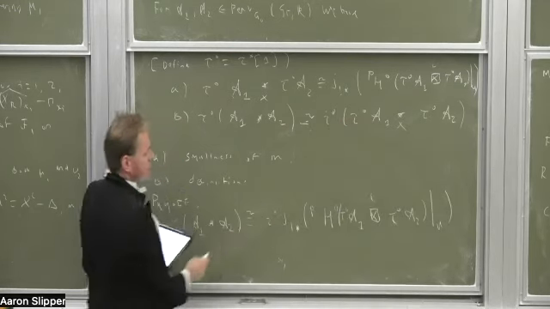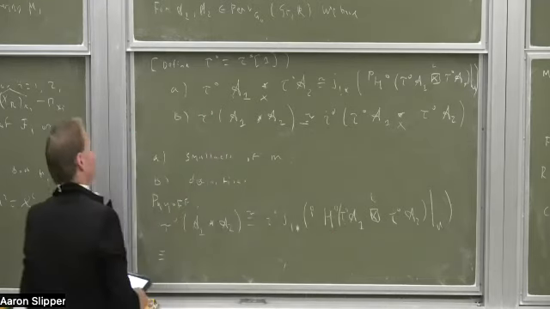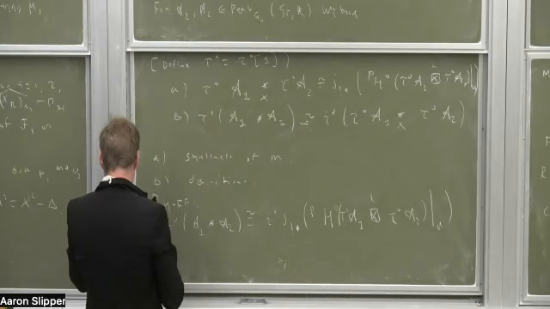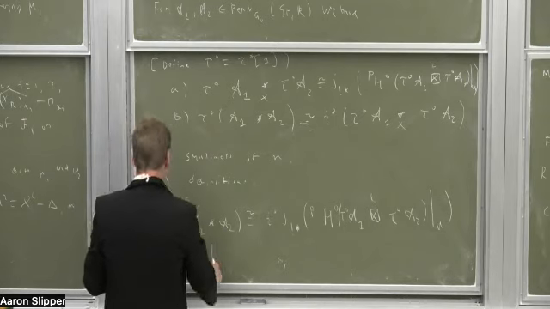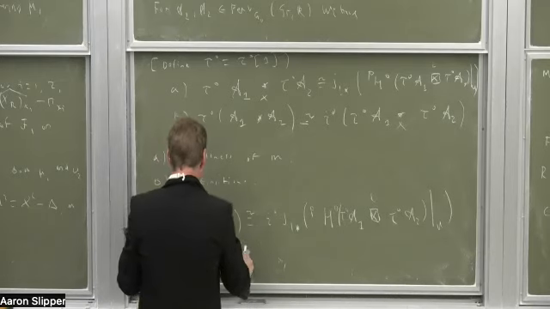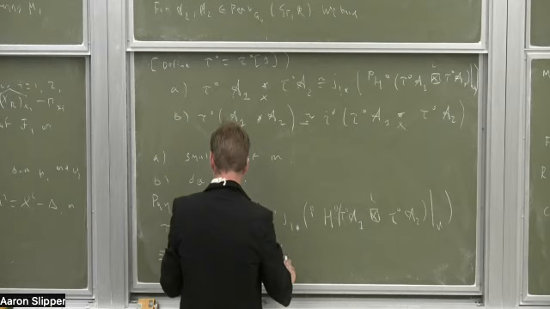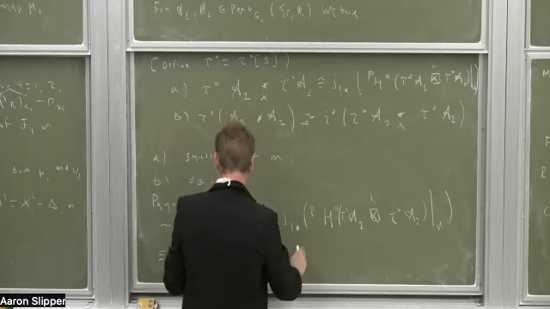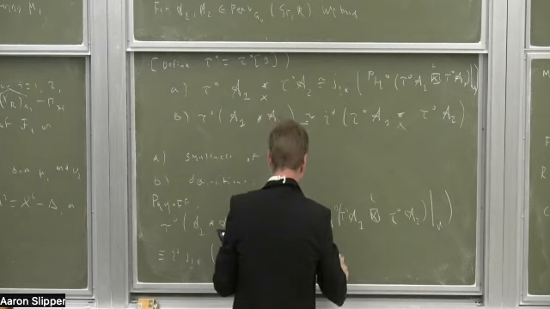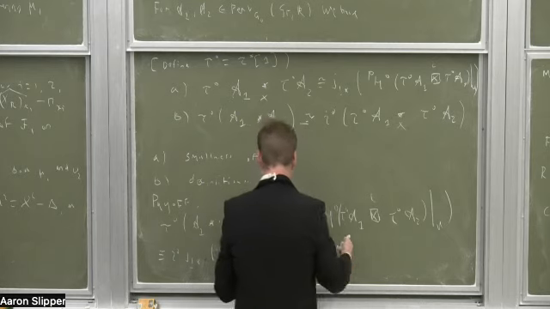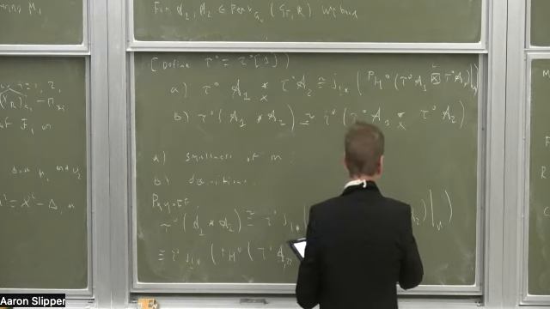But this is manifestly symmetric in the two arguments. So now you can swap these freely, and you get, finally, is isomorphic to.